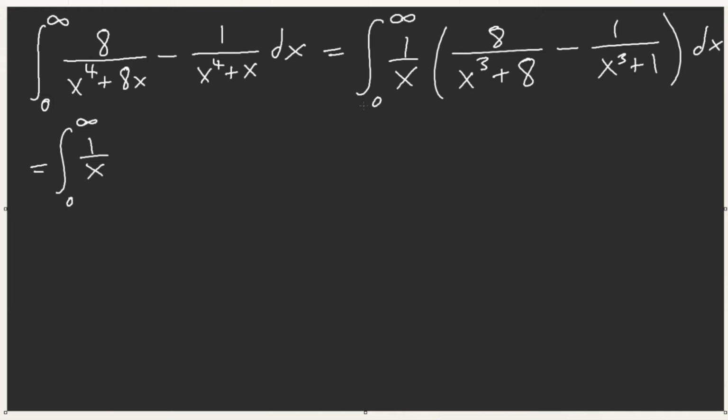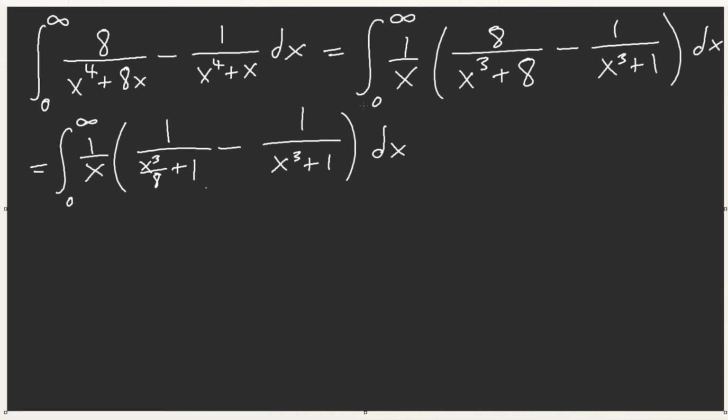This will give us 1 over x cubed over 8 plus 1 minus 1 over x cubed plus 1 dx. And so now we can see that our coefficient here is going to be 1/2.